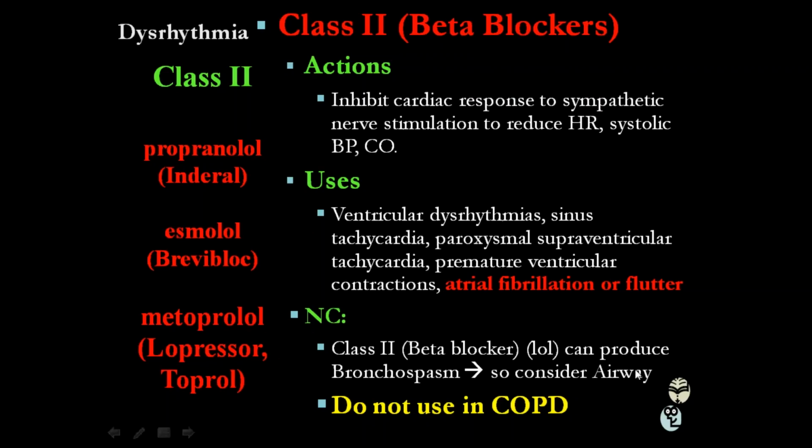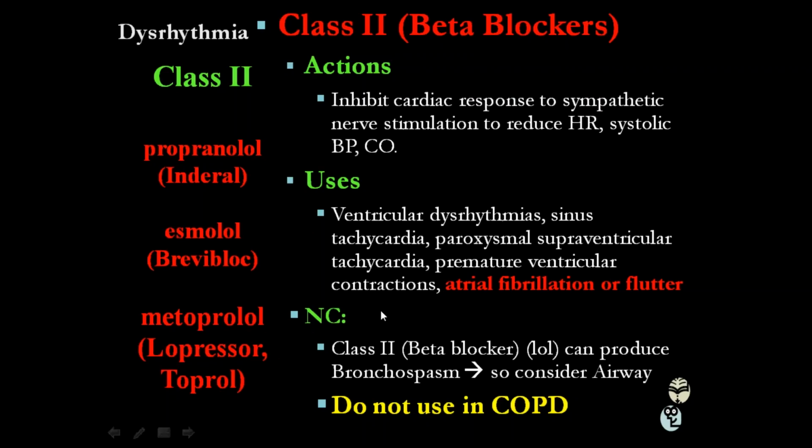The COPD is the chronic obstructive pulmonary disease, and the beta blockers, beta 1 blockers, right? Beta blockers are not selective, so they can produce beta 1 blockade, but they can also lead into beta 2 blockade.